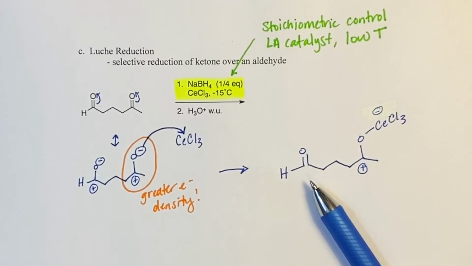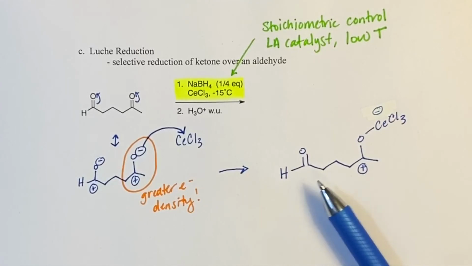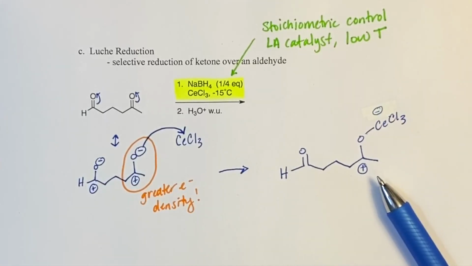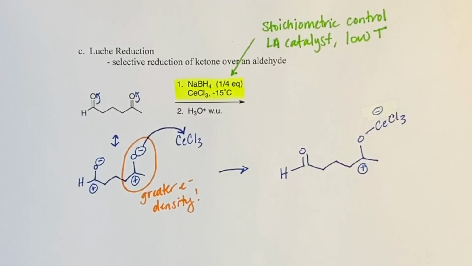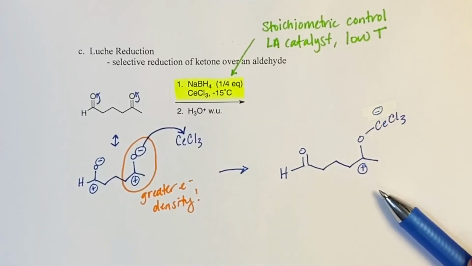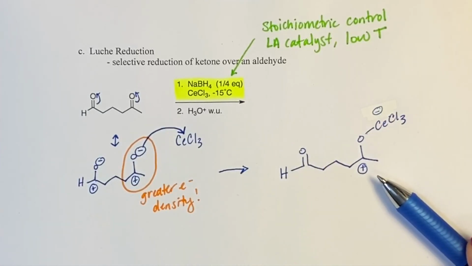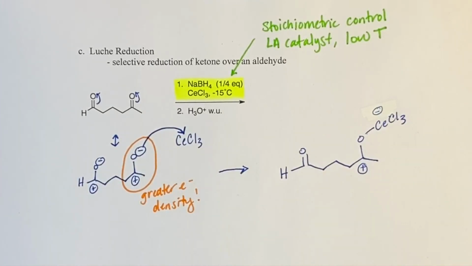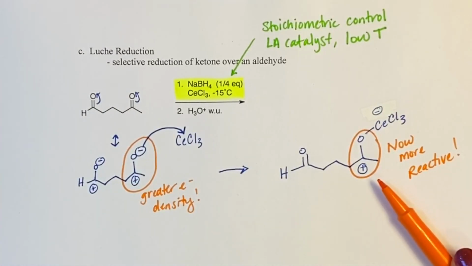That carbonyl can also go back to having that carbonyl bond intact. So what happens with this particular structure, because I've given the oxygen's electron density toward the cerium, is that it's going to put an even greater positive character at that carbon. So in this reaction, the more reactive carbon now becomes that carbon of the ketone due to the formation of that complex with the cerium chloride. So now this carbon is more reactive, and this will be where my reduction takes place.